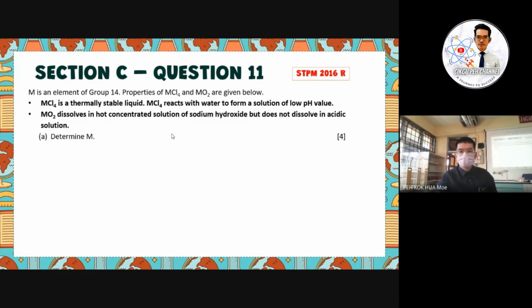Question 11, 2016. Okay, so N is an element of group 14. Properties of the N tetrachloride and the N dioxide are given below.